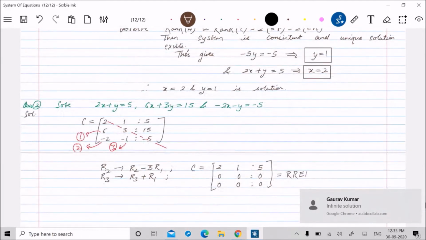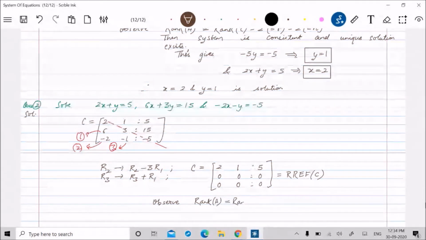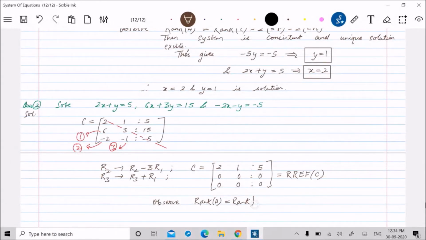Gaurav Kumar is exactly right. RREF of C, right? And you just observe that, as Gaurav observed also, that rank of A is equal to rank of C, and of course the rank is how much? Both matrices have rank how much?